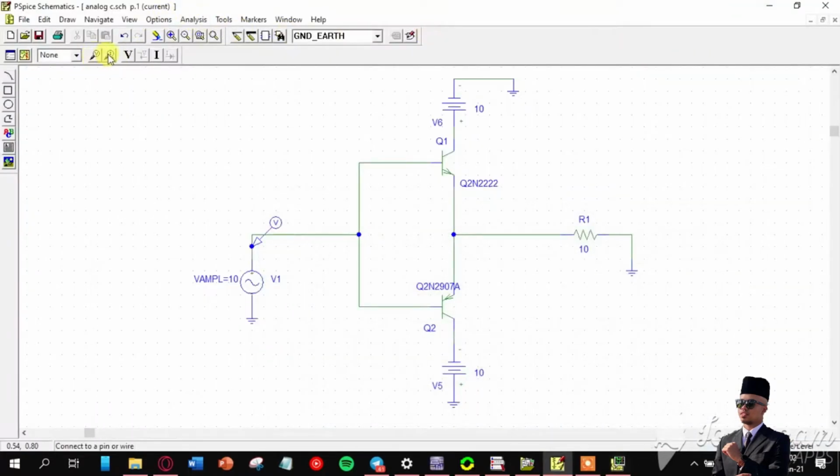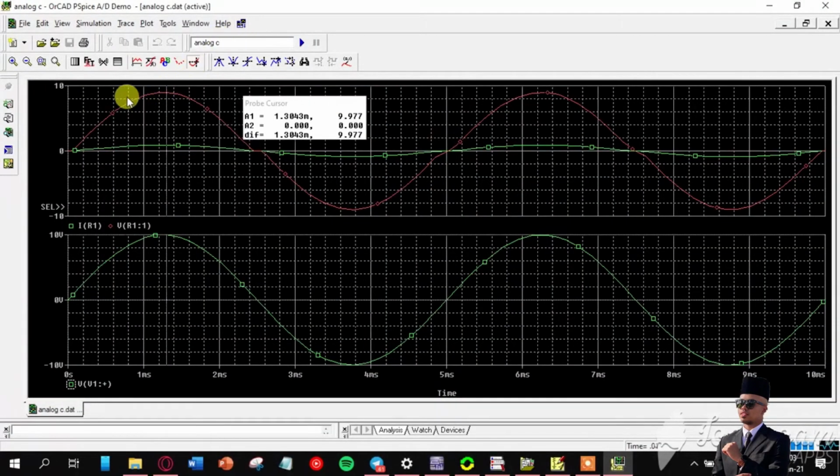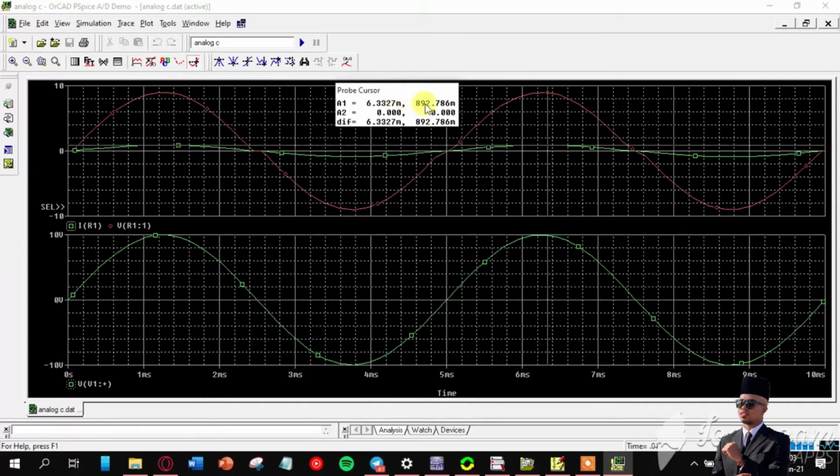I will place the marker at the output, and we will get an output current of 892 milliamperes and an output voltage of 8.9279 volts.